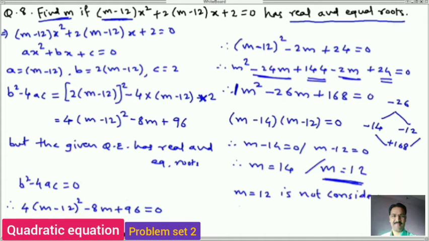Understand friends, why it is not considerable? Try to write here: if we put m equal to 12, then the given equation is not a quadratic. Therefore, m is equal to 12 is not considerable. Therefore, write m is equal to 14. Understand friends? Like this, we can solve the sum.